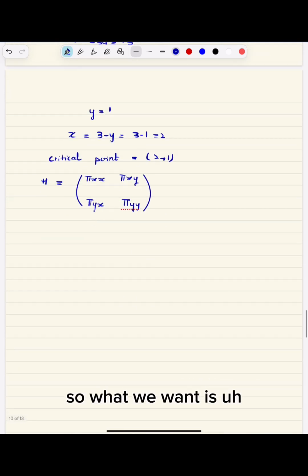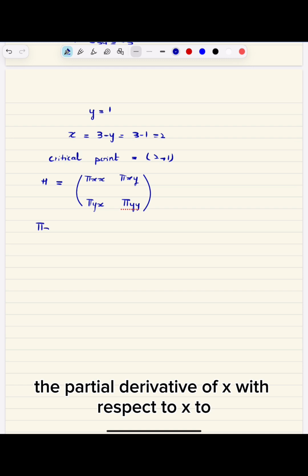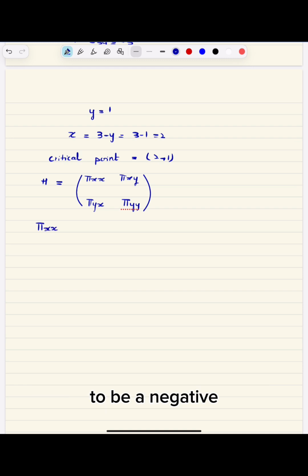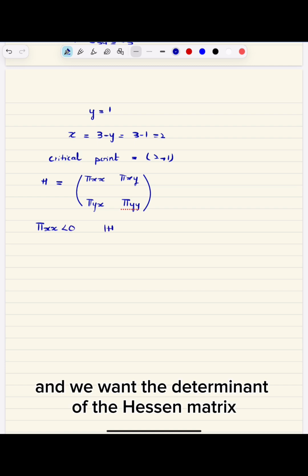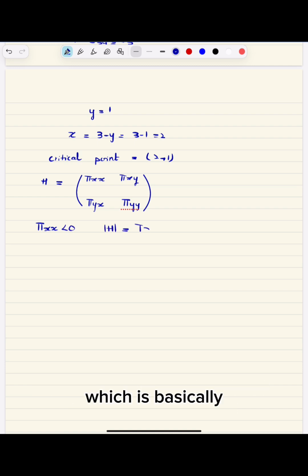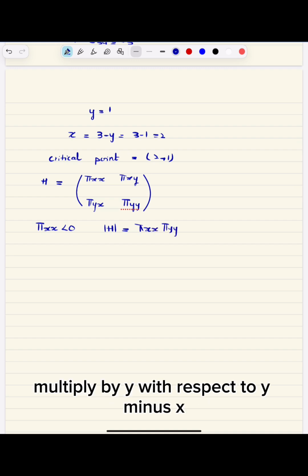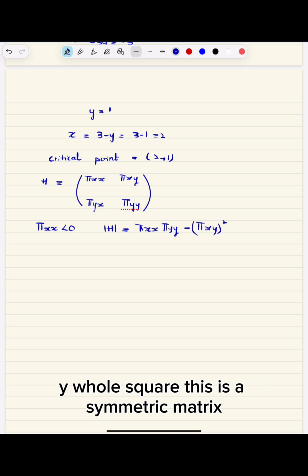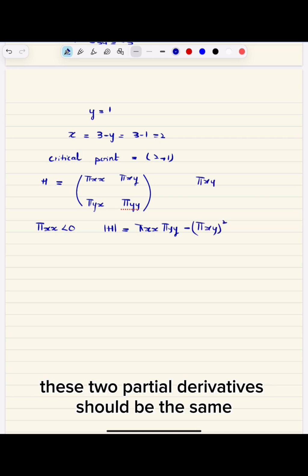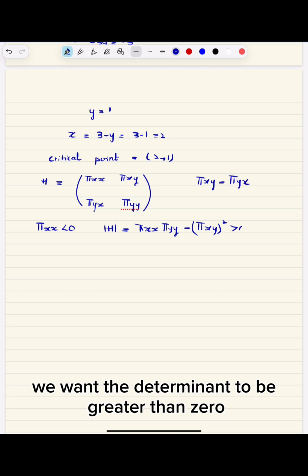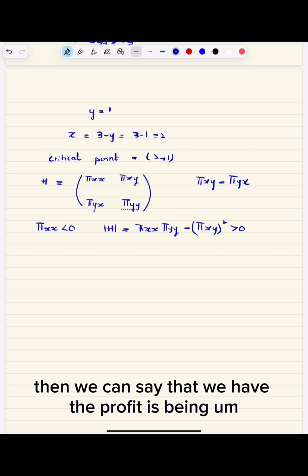So what we want is the partial derivative of x with respect to x to be negative, and we want the determinant of the Hessian matrix, which is basically x with respect to x multiplied by y with respect to y minus xy whole square. This is a symmetric matrix, therefore these two partial derivatives should be the same. We want the determinant to be greater than 0.